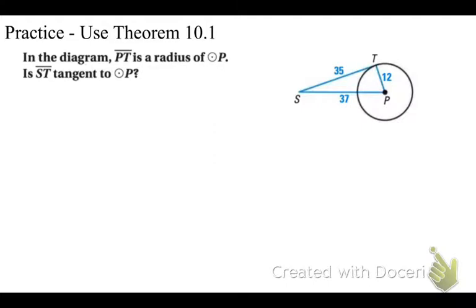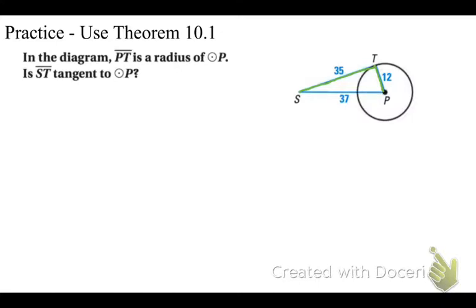Okay, let's use theorem 10.1. In the diagram, line PT is a radius of circle P. And it says, is ST tangent to circle P? Now, it looks like it might be, but we don't know for sure.